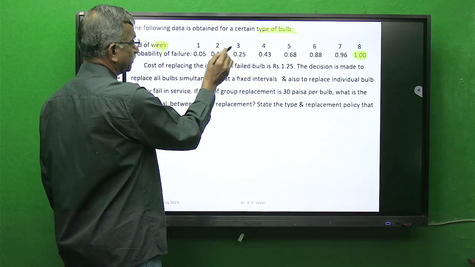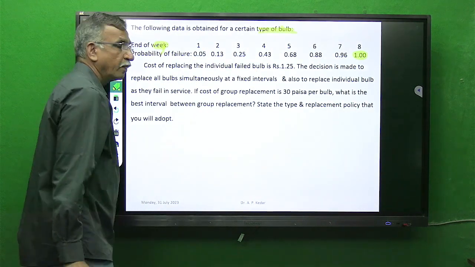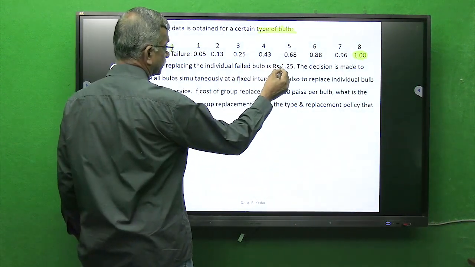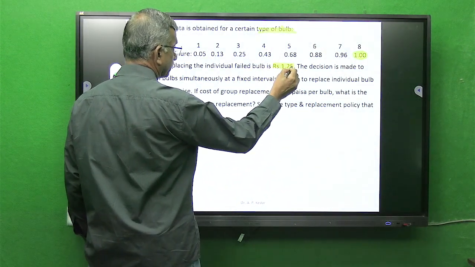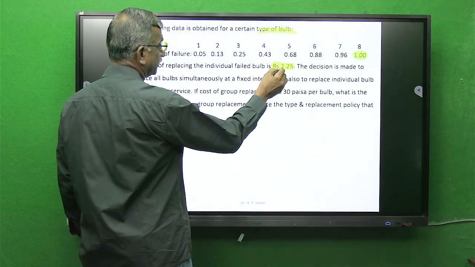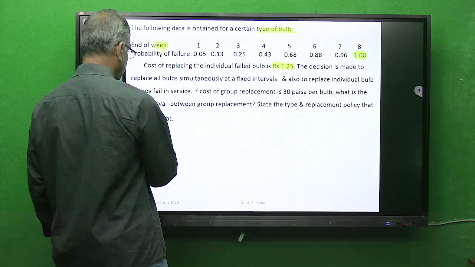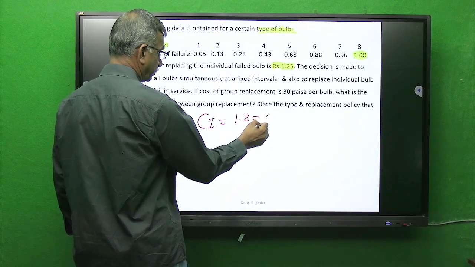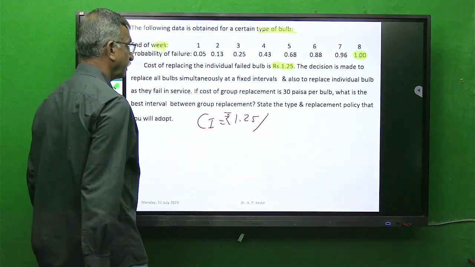Following minus previous will give you the value of pk. Again focus your attention. The cost of replacing an individual failed bulb is CI, here CI is equal to 1.25 rupees.